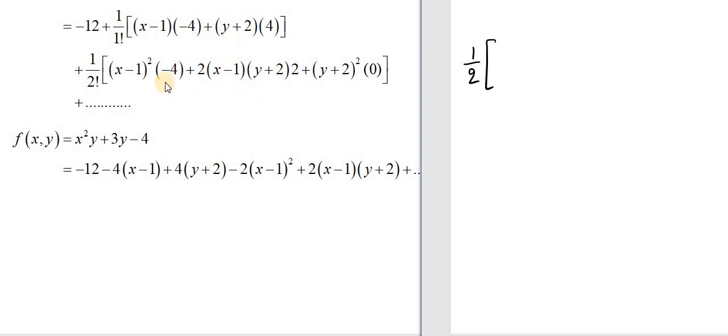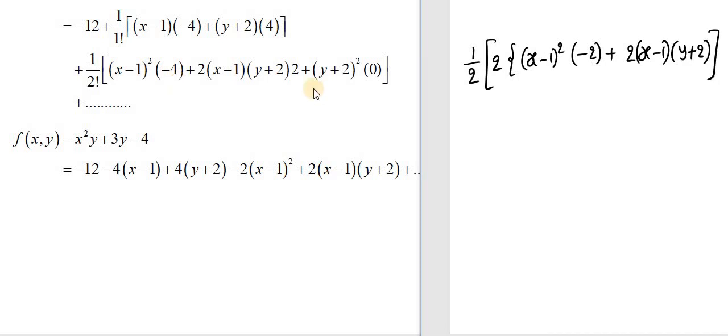Here you can observe, here minus 4 is there, here we have 2 is there. So we can take 2 common, then x minus 1 whole square minus 2 plus 2 times of x minus 1 y plus 2.